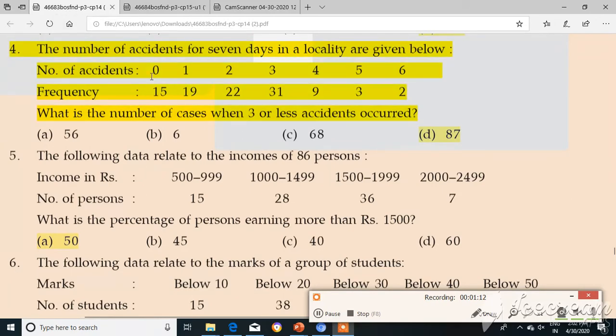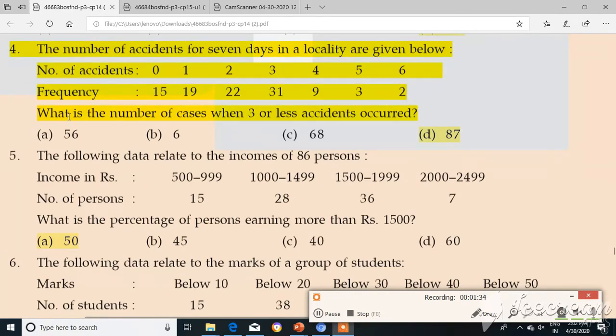So for the first, 0 accidents, it is 15, and for 1 accident, total 19, and similarly for 6 accidents there is a frequency of 2.